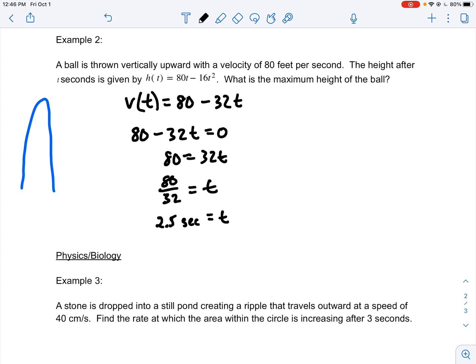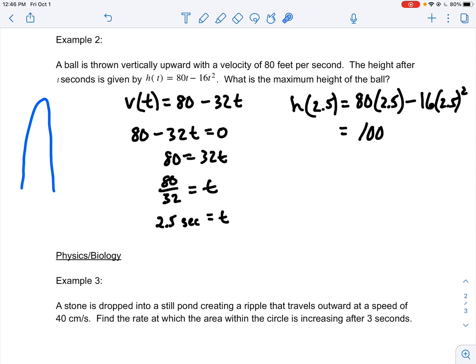Okay? So watch. I'm going to figure out what h of 2.5 is. So that's 80 times 2.5 minus 16 times 2.5 squared. And when I punch it out, that's 100. Now, notice it said feet up here.